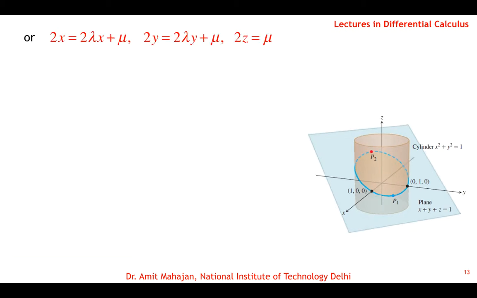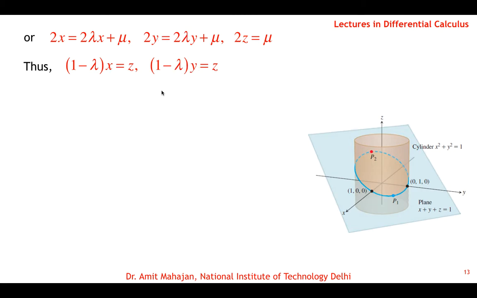So we get these three equations. From here we can eliminate mu by substituting mu as 2z. And then we can rewrite this by taking x on one side, and from this equation y on one side. So we get this.